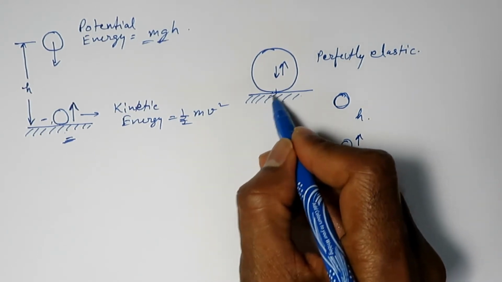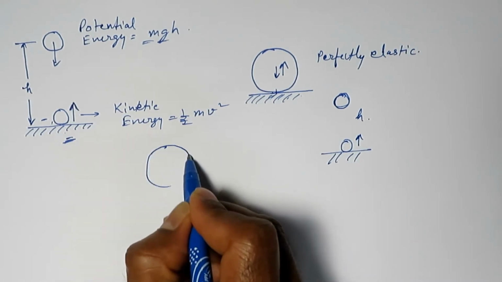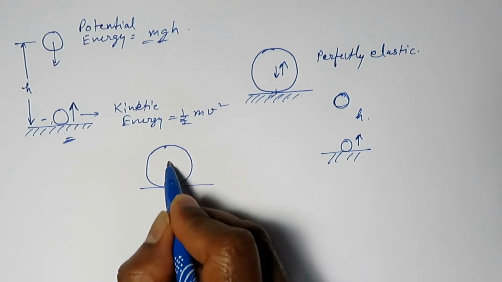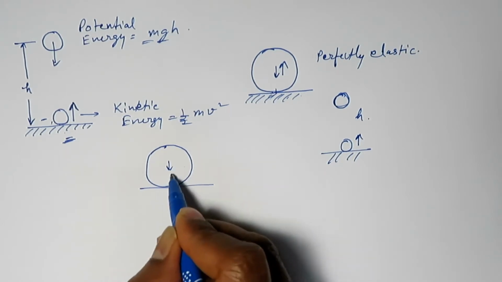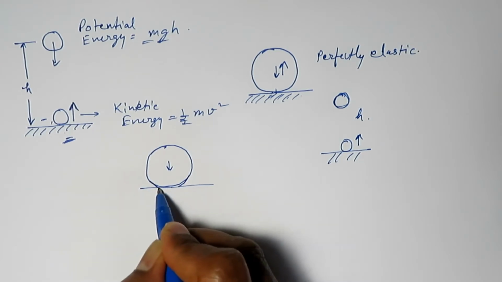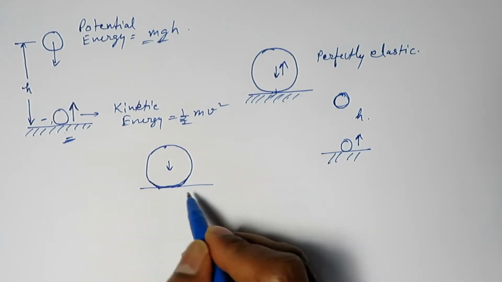If either of the materials is not perfectly elastic or is viscoelastic, then the energy will not be conserved. There will be loss of energy during the collision. As soon as the ball hits the surface, it will deform elastically.